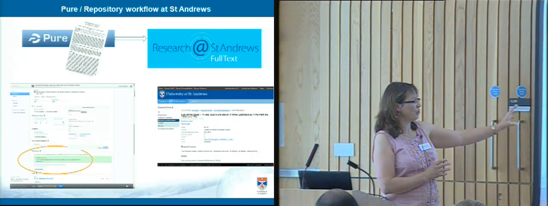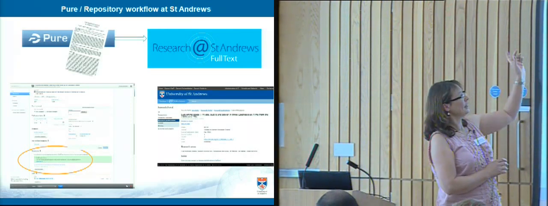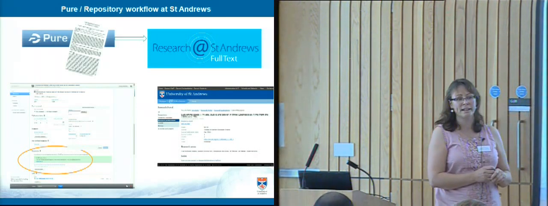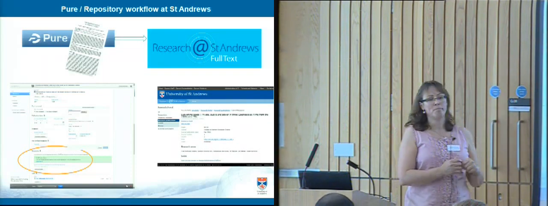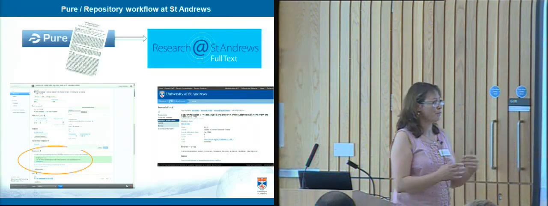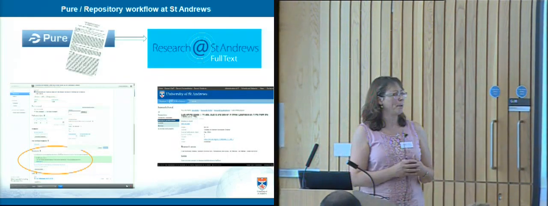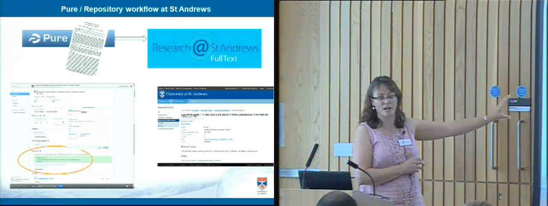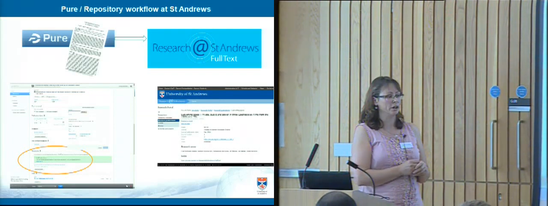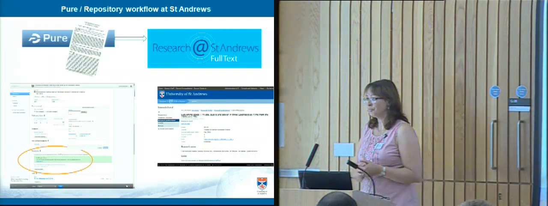A subset of that is when you put the full text into the Pure system, once it's had validation done on it, it will pass across into our DSpace repository, which will then pass back a link, which will end up with a little link to the full text in the repository. So it's quite critical to bear in mind how that flow works, and basically that everything is influenced by the source in Pure. So what we do in the repository is always affected by that.